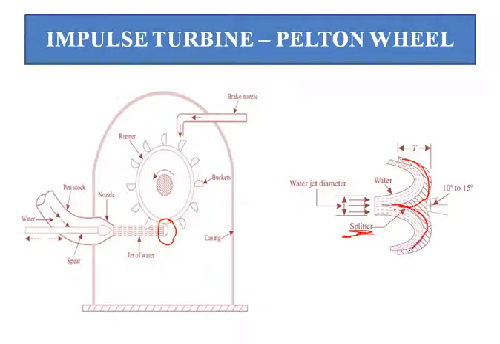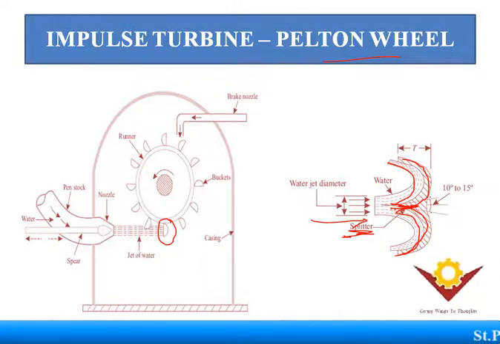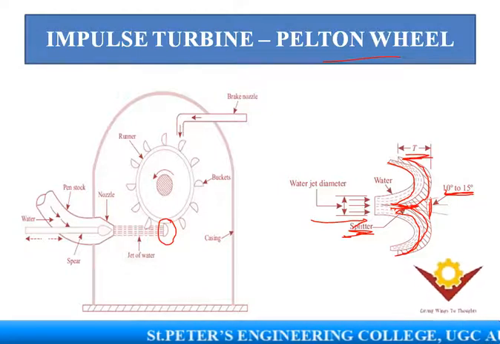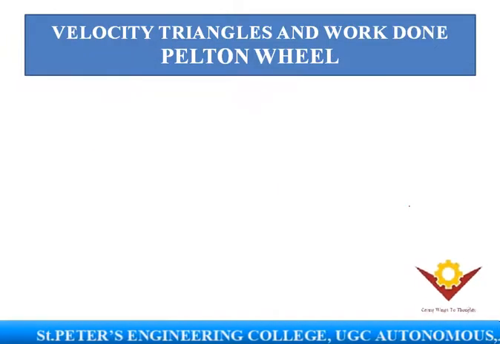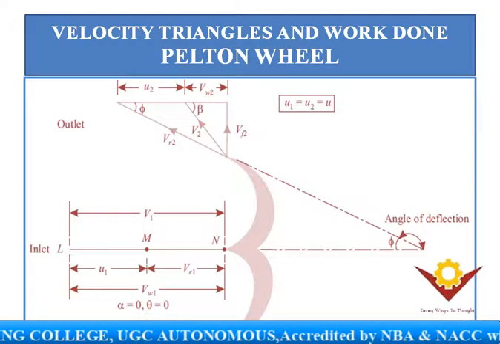You can see these splitters in the Pelton wheel buckets. After the jet strikes, it splits into two halves, and you can see the angle over here, which is like 10 to 15 degrees. And we'll see the velocity triangles of this Pelton wheel and the work done of the Pelton wheel.